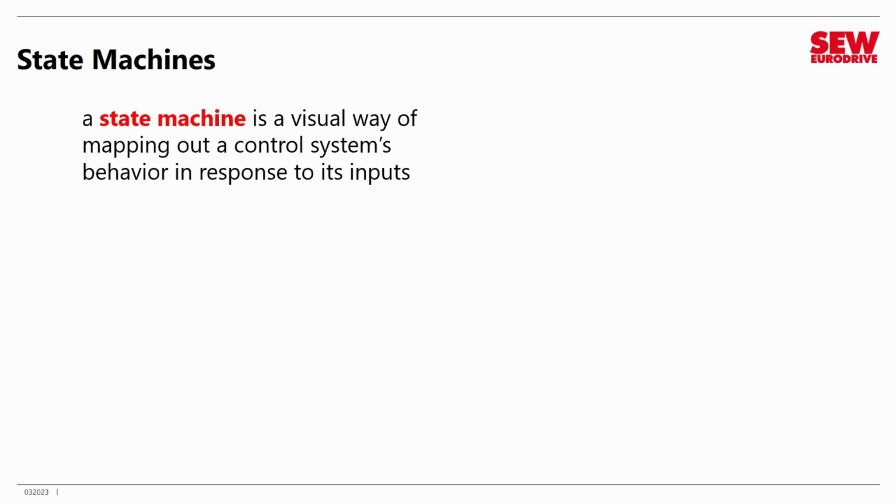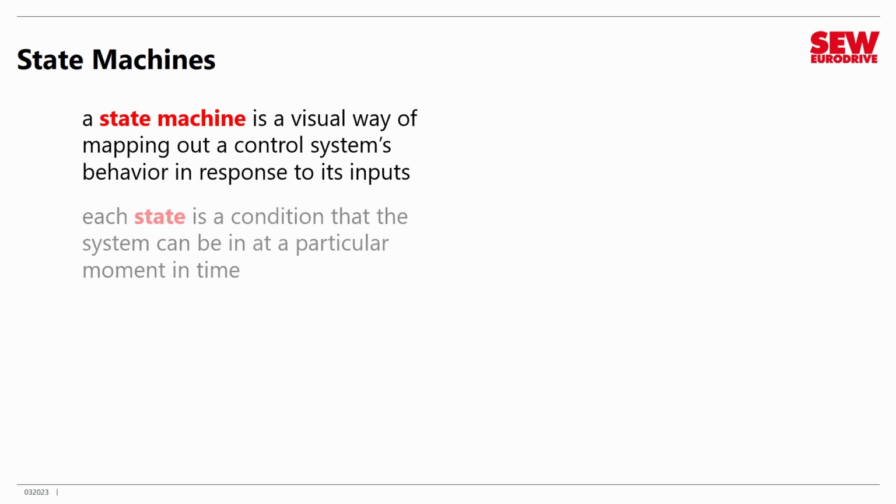A state machine is simply a way of diagramming on paper how a control system behaves, what it will do when its inputs change, what its outputs will do, how it's processing information. And I'm going to illustrate this with some very simple state machines, so hang in there if this sounds confusing. It's really not. It's actually a wonderful technique for designing control systems.